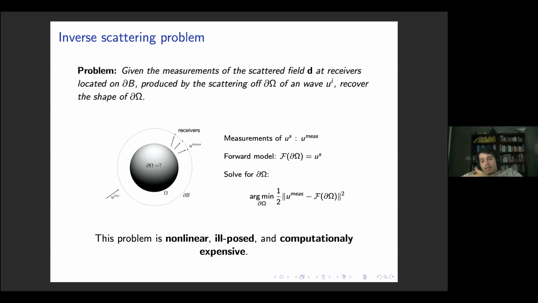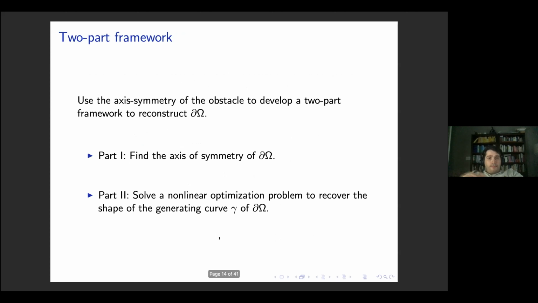You pose it, and that is part of it being computationally expensive because we are dealing with a Helmholtz equation with several incoming waves and with an iterative method.